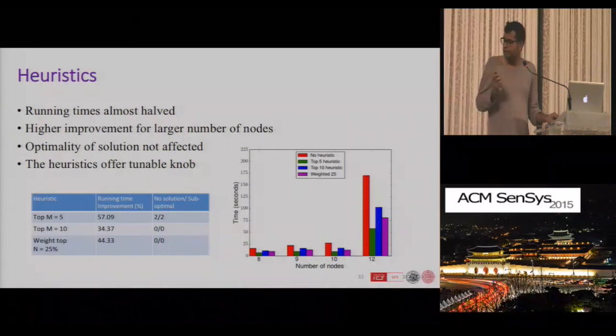But what is more important is that for our heuristics with the parameter values of m equals 10 and n equals 25%, the optimality of the solution is not affected. That means that the solution that we obtain has the same cost as the optimal solution. However, in reality, these heuristics provide a knob which the deployer of the application could use to improve the solving time and look at the trade-offs.